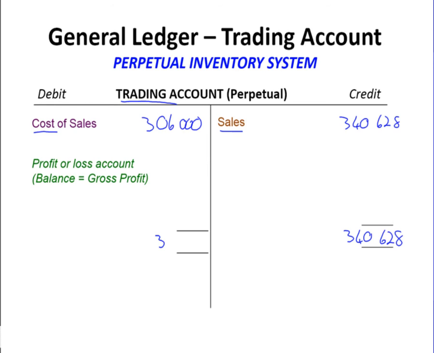On the higher side, being the credit, the 340,628, I then carry across. The balancing figure is going to be 34,628, and that is going to be equal to gross profit, and I will take it to the profit or loss account.